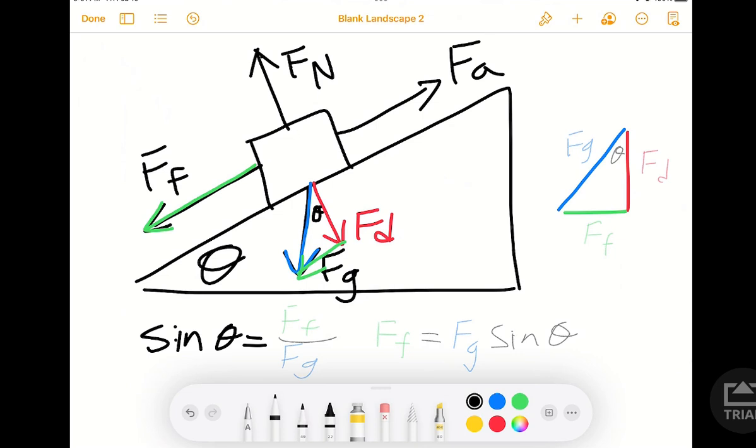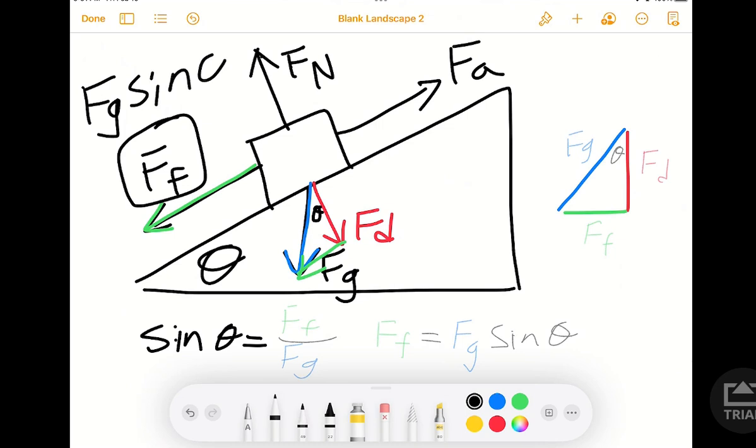So this frictional force here is actually going to be FG sine theta. Because it's the force of gravity, we often just write FG as G. So this would be gravity times sine theta.